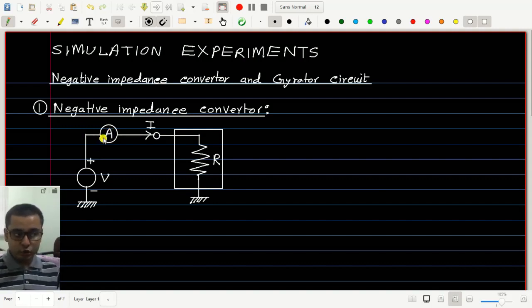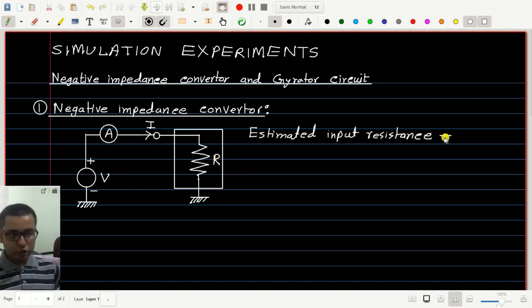Make sure to connect this ammeter in a way so that it measures current in the direction from left to right. Then we can estimate this resistance R as the ratio of the voltage applied divided by current flowing.